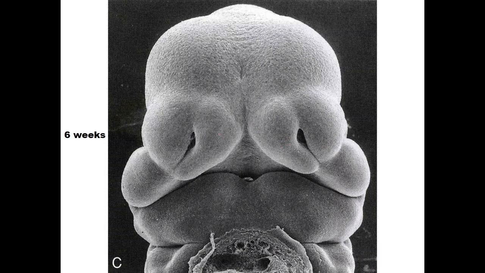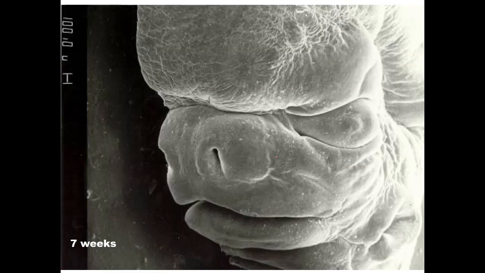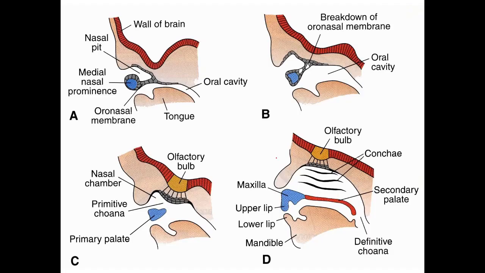So the frontal nasal prominence will create the nasal placodes, which have medial and lateral prominences, and inside there is a nasal pit. The olfactory epithelium is actually developed as an outpouching also from the prosencephalon. So the olfactory bulb is also from the prosencephalon, connected to the forming nasal cavity.